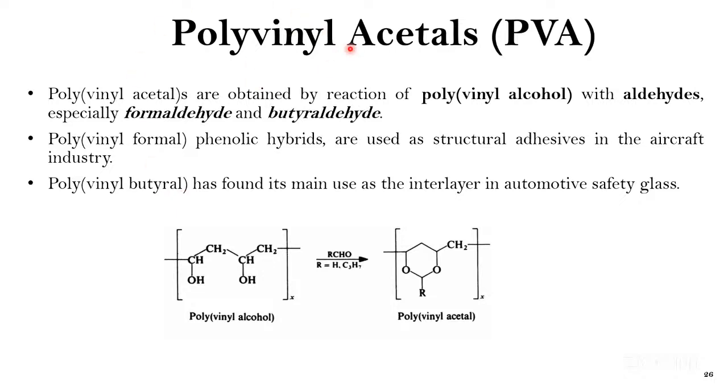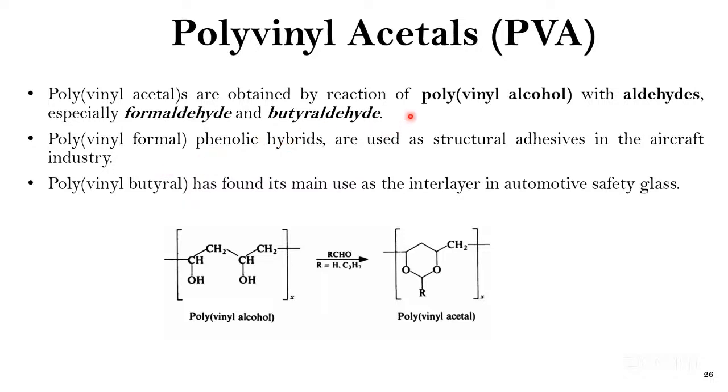Understand, this polyvinyl acetal is divided into two types of polymer. Polyvinyl alcohol copolymerized with formaldehyde gives polyvinyl formal.